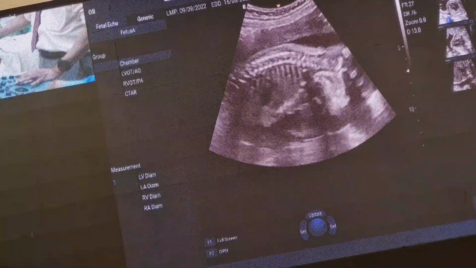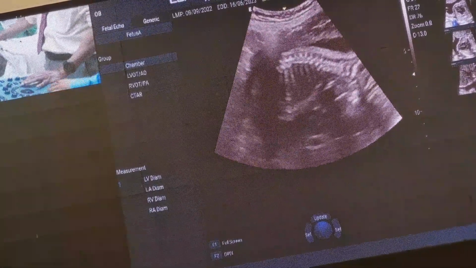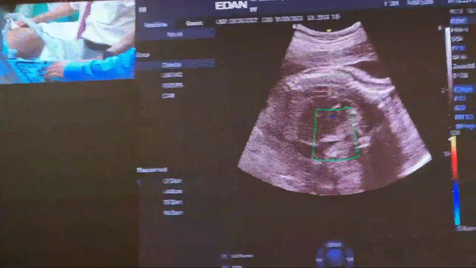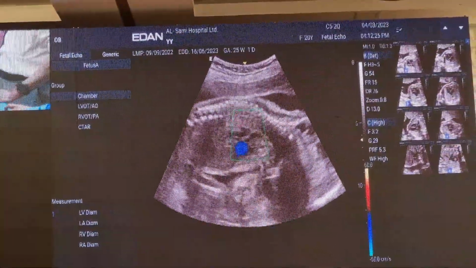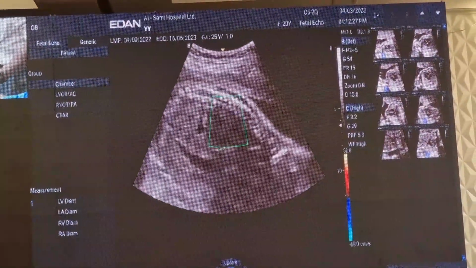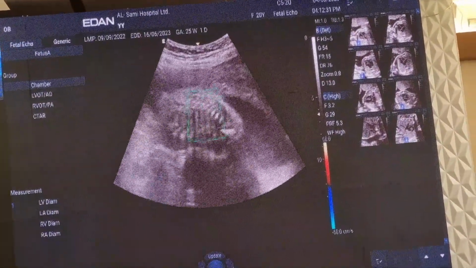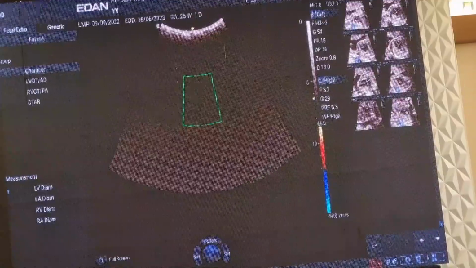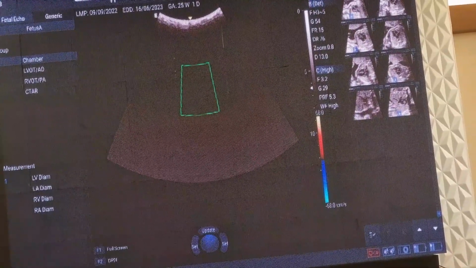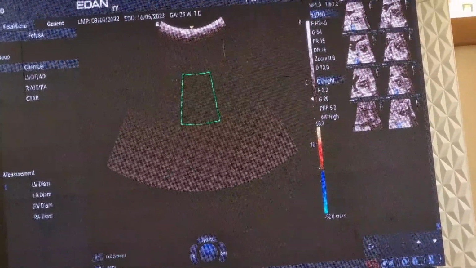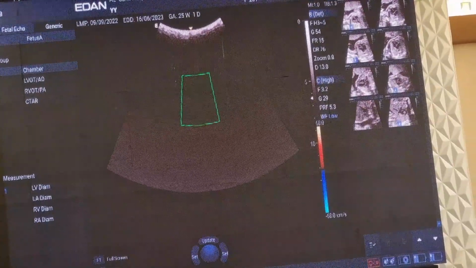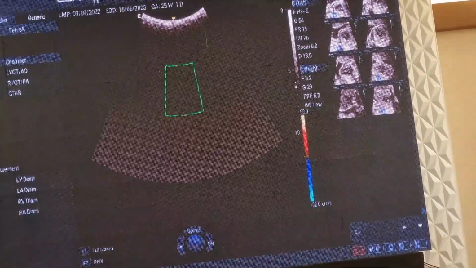So just switch on color, maybe we can see color. When you have an RVOT, it basically divides into the right and the left pulmonary artery, and the main one continues as a ductal arch into the aorta.